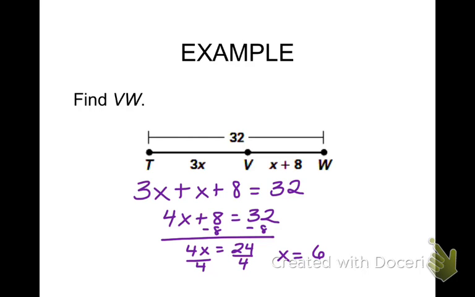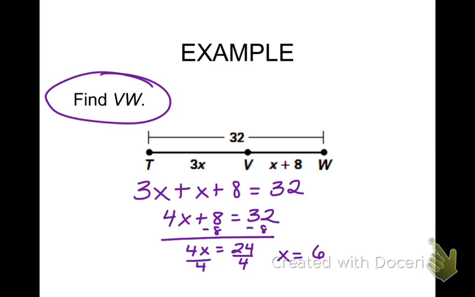But, unlike in algebra, notice what my directions are asking me to find. Is it asking me to solve for x? No. It's telling me to find the distance. Remember, no symbol above means we're looking for the distance or the length. The distance between V and W. Well, here's line segment VW. So if x is equal to 6, what would be the length of VW?